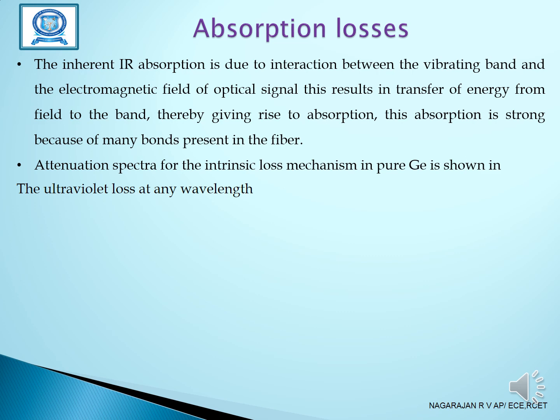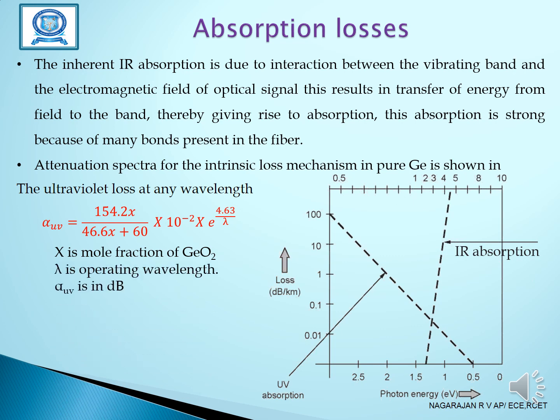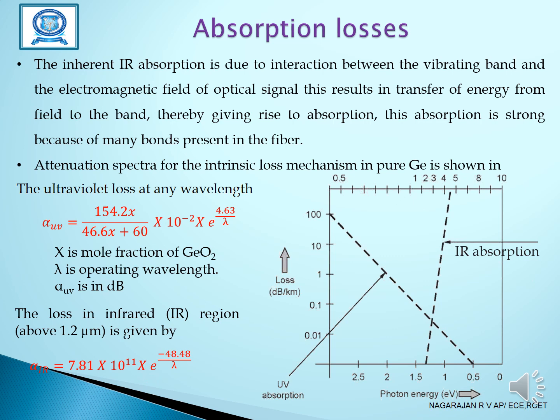The attenuation spectra for the intrinsic loss mechanism of pure germanium is shown in the figure. The ultraviolet loss at any wavelength is given by the equation, where x is the mole fraction of germanium oxide, lambda is the operating wavelength, and alpha UV is in decibels. The loss in the infrared region is given by 7.81 × 10^11 e^(-48.48/λ).